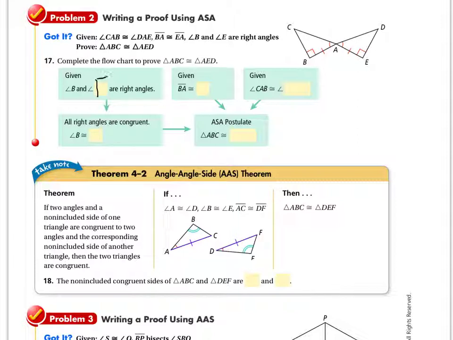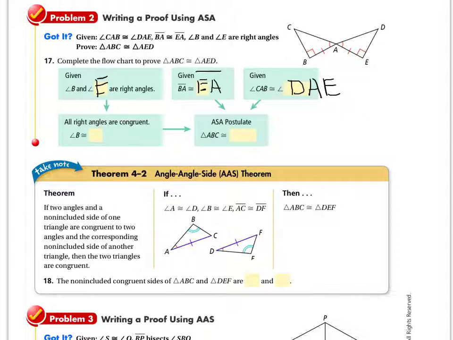That's given to us. Segment BA is congruent to segment EA from our given information. Also, what's given to us is angle CAB is congruent to angle DAE in our given information.